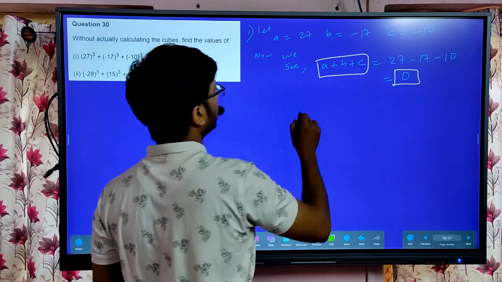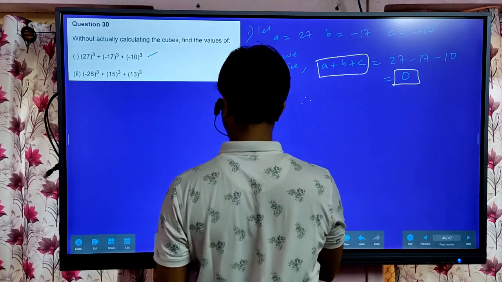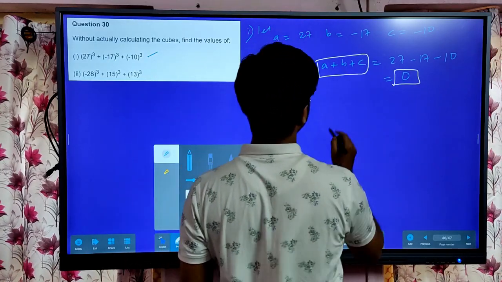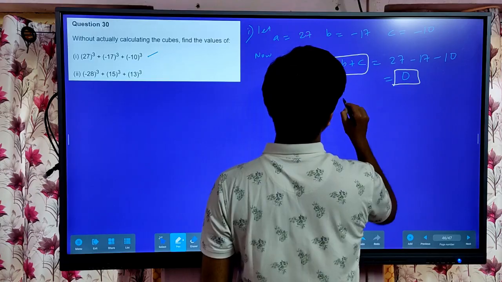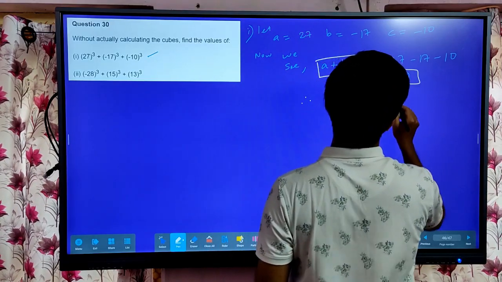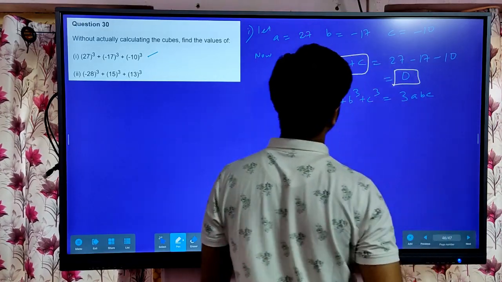So if this happens, then we can write a cube plus b cube plus c cube will be equal to 3abc.